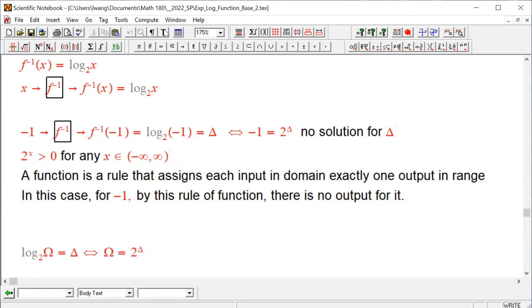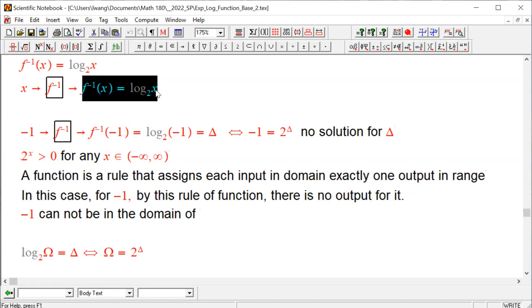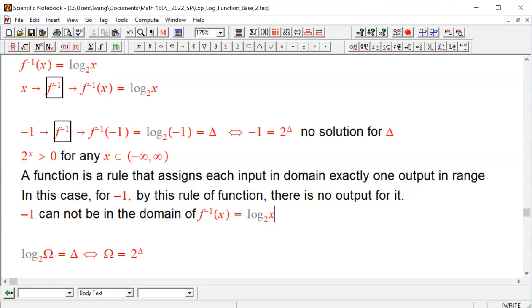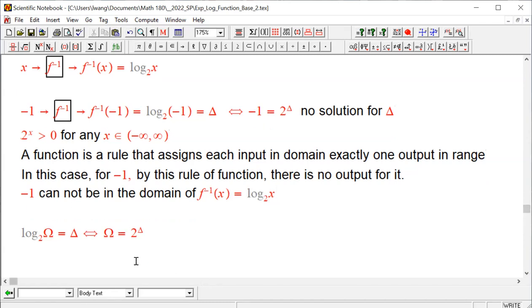As a result, -1 cannot be in the domain of log base 2 of x. And the same reason applies for any negative number.